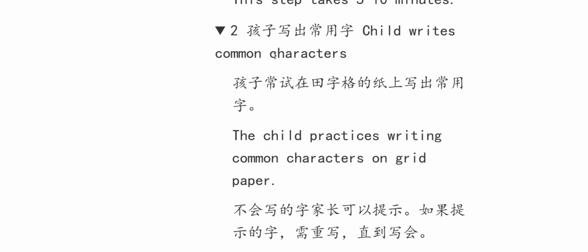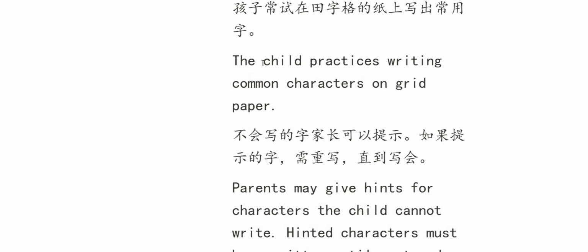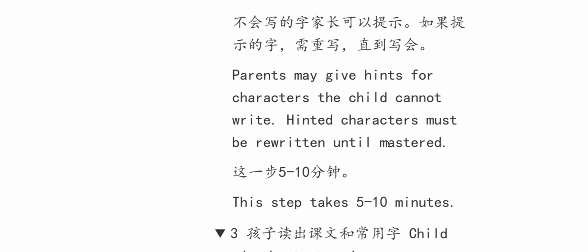And move on. Children write common characters. This step is the same as the first day. The children practice writing common characters on grid paper. Parents give hints for characters the children cannot write. Hinted characters must be rewritten until mastered.